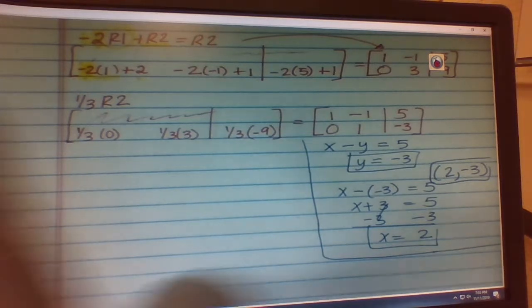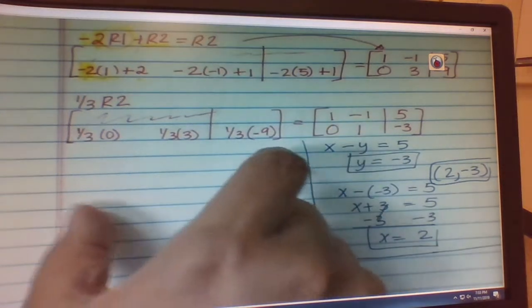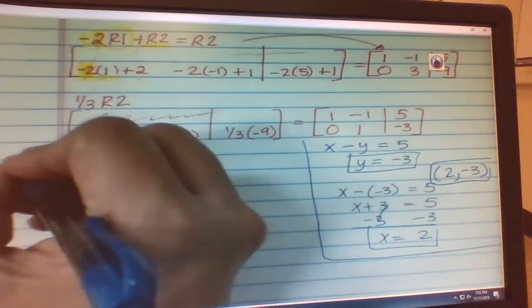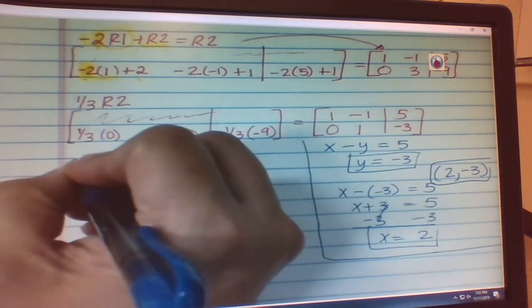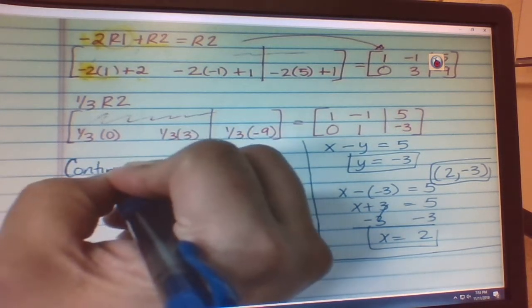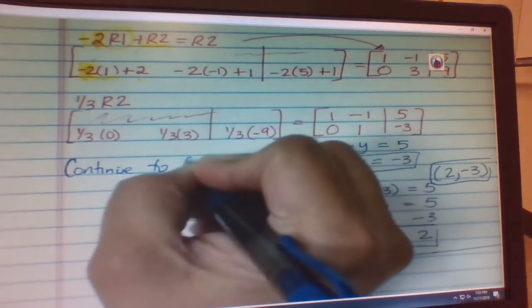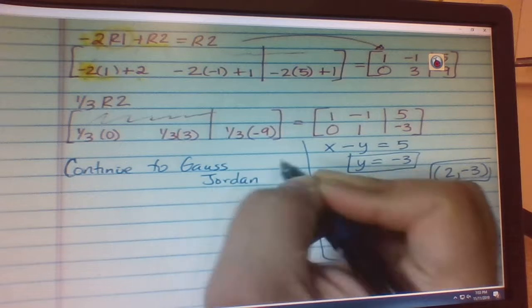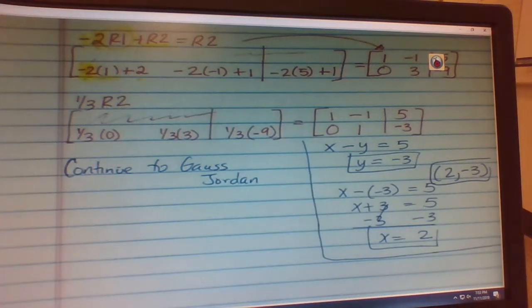Now, I'm going to use the same problem, but finish solving this through Gauss-Jordan. So we're going to continue to Gauss-Jordan. If you understood 1/4 of what we said, that's a gain.